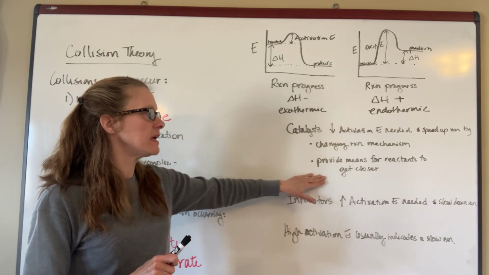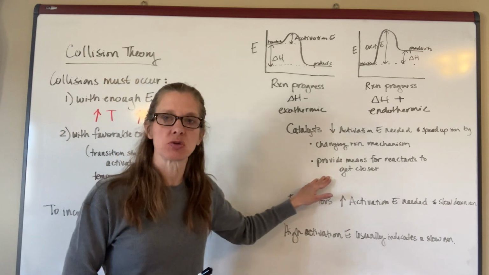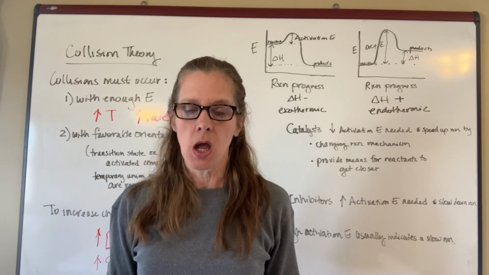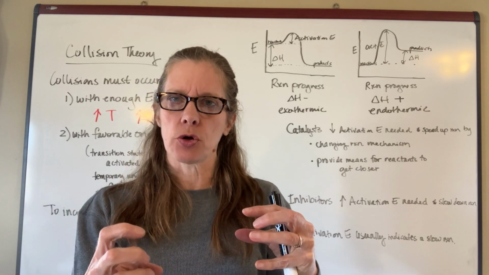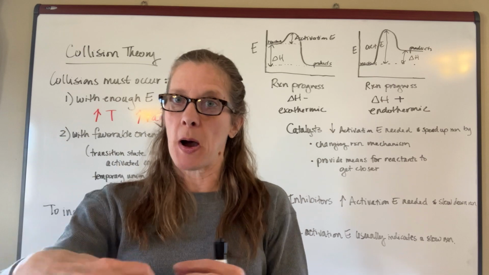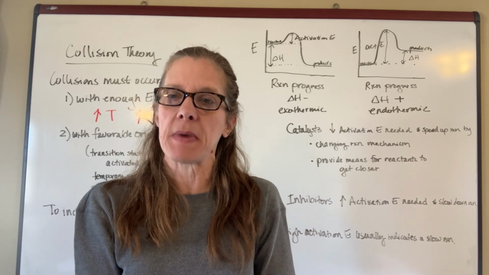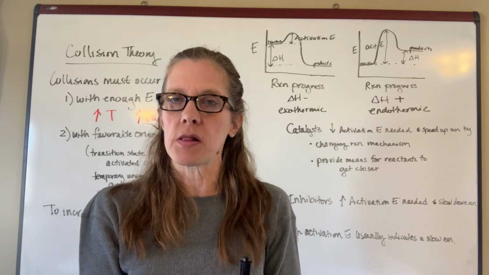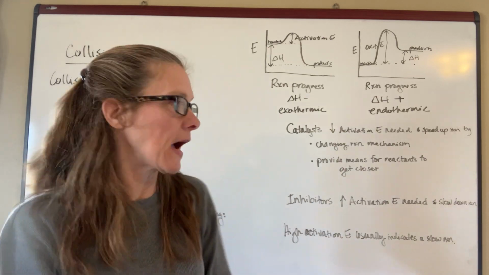Or it provides a means for the reactants to get closer to each other. Now, this is the situation with what happens with a lot of biological enzymes. You probably studied this in your biology course, where you've got two reactants that need to get close to each other, but what happens is that you have an enzyme come in and hook up to both of them and kind of force them to get close together, and then the behavior of the enzyme acts in such a way so that the parts of the molecules that need to react with each other are then close to each other, and then they are able to react more easily.